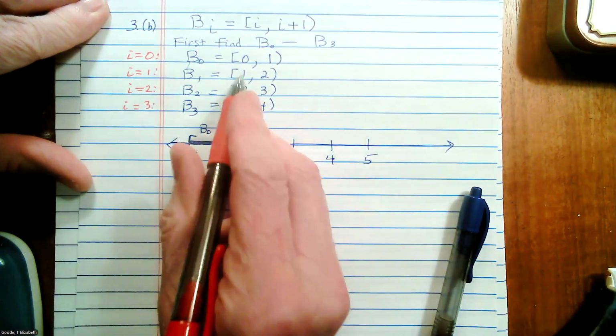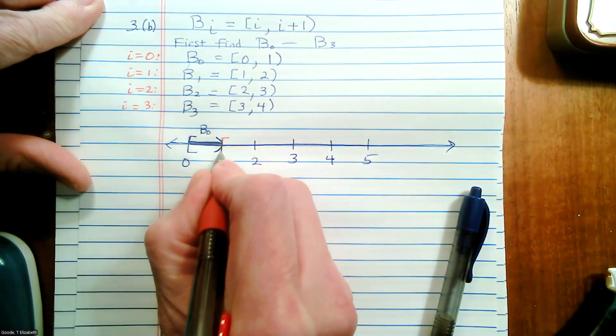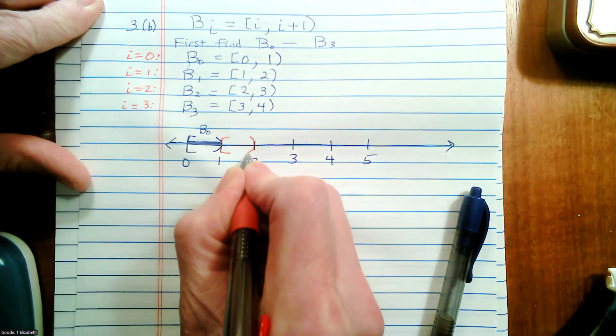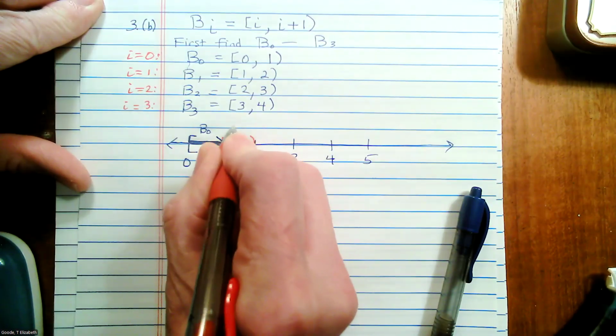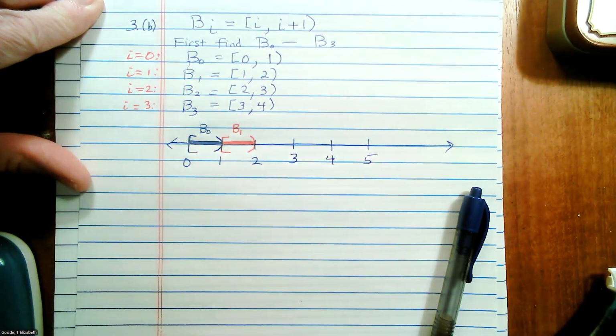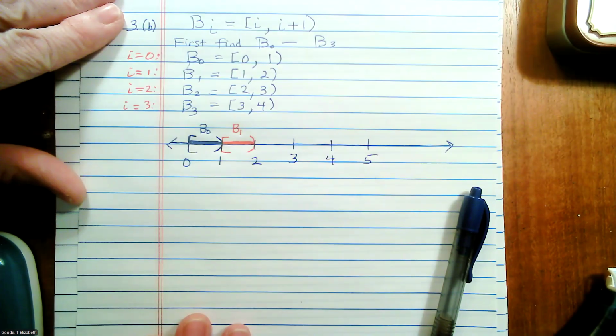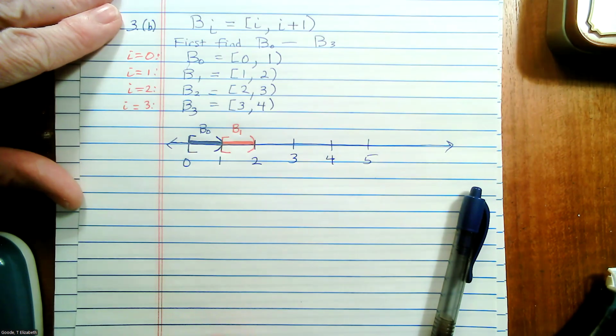Now check out what happens. B1 does include the 1, does not include the 2, includes everything in between. So do you see the relationship between B0 and B1? Can you tell me, are they disjoint? Let's review disjoint.